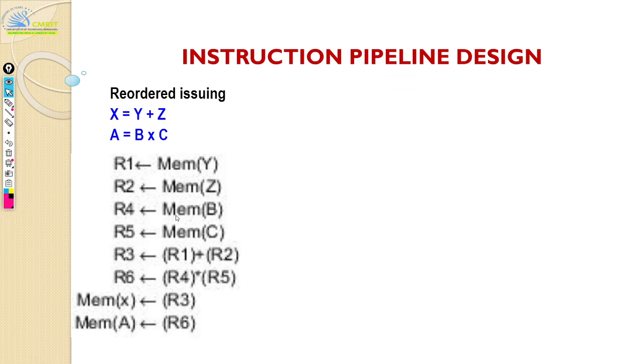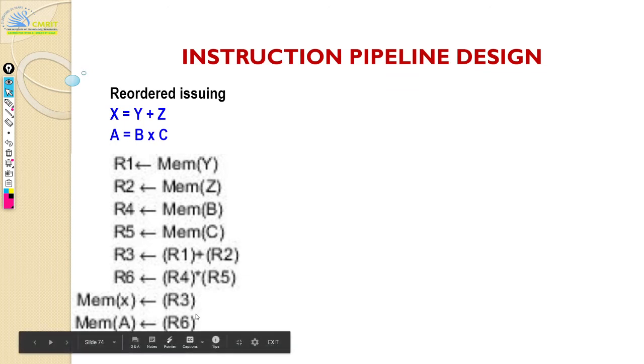So you're going to postpone the addition, so that you don't waste any time in stalls, but meanwhile your CPU is still working on some other instruction. What is that instruction? You're working on the other load instructions here. Then you will do your add and multiply, and then you will correspondingly do the store.